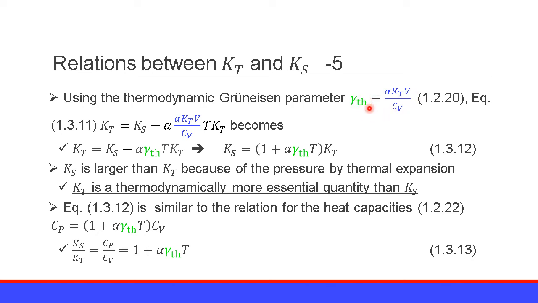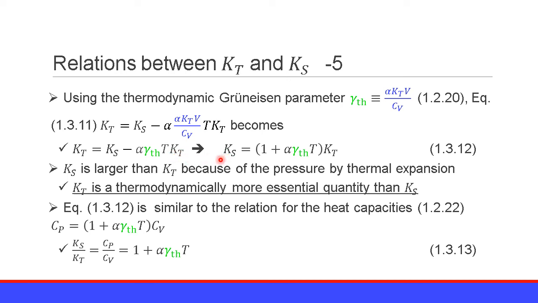Using this parameter, equation 1.3.11 becomes: the isothermal bulk modulus Kt is equal to the adiabatic bulk modulus Ks minus alpha, the thermal expansion coefficient, times the thermodynamic Grüneisen parameter gamma th, the temperature T, times the isothermal bulk modulus Kt.